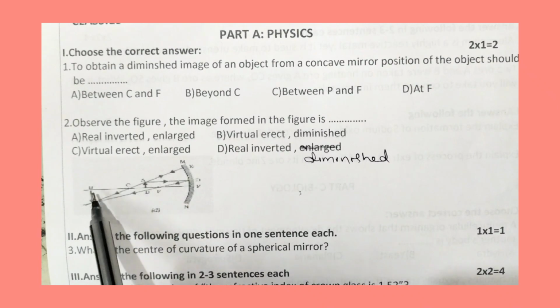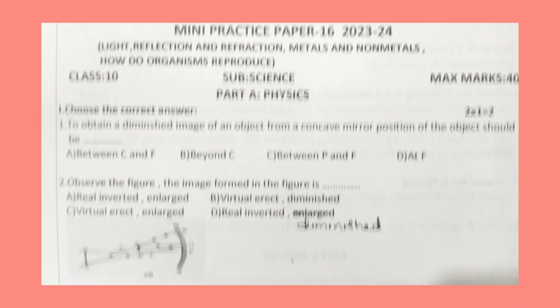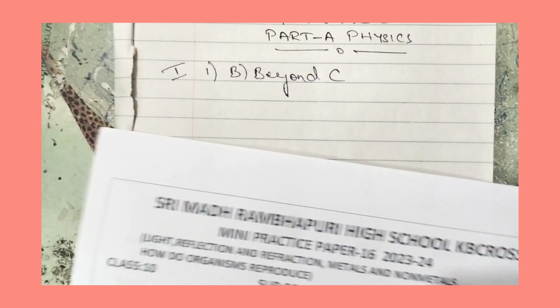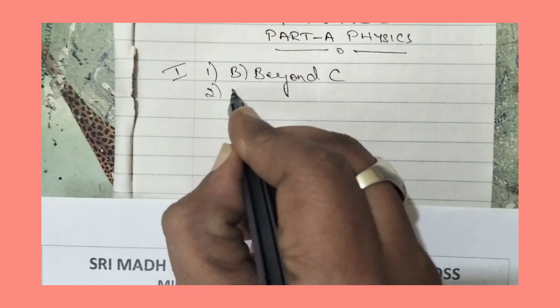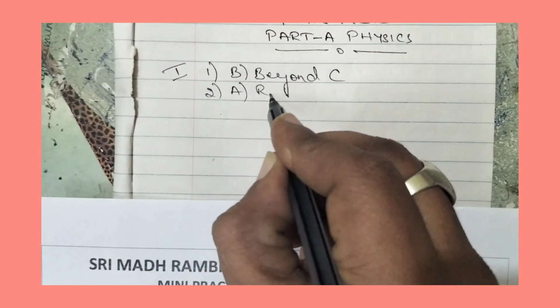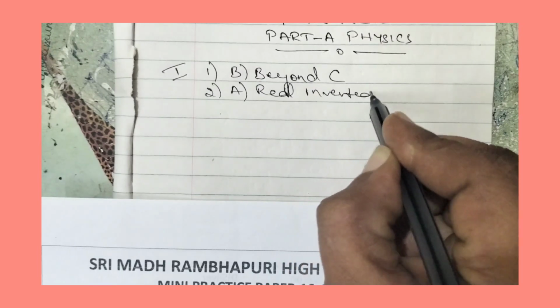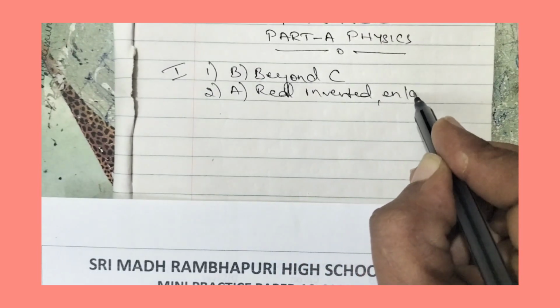The object size is this much and the image size is this, therefore the image is enlarged. So for the second question, the right option is option A: a real, inverted, enlarged image is formed.